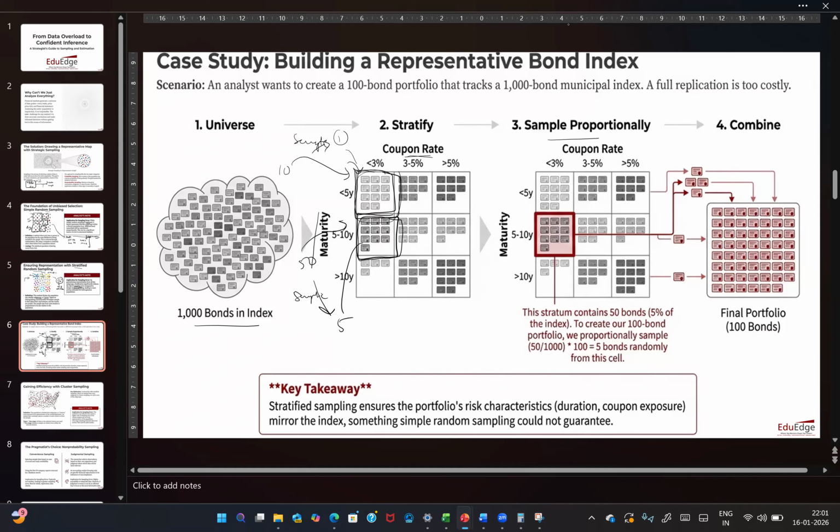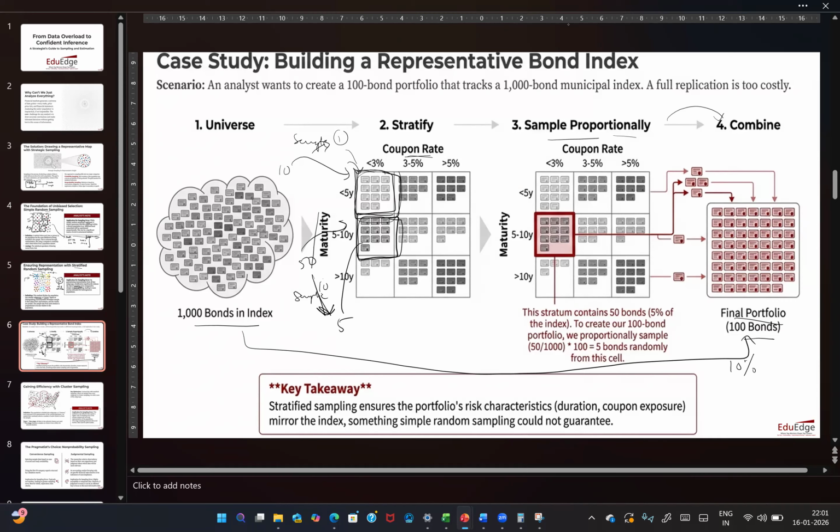And then once I sample proportionately, I can combine and create a final portfolio, say of 100 bonds. So can I say I'm reducing the universe by 90%, to only 10% of the original number of bonds. So suppose this is 50, so I'm only selecting 5.